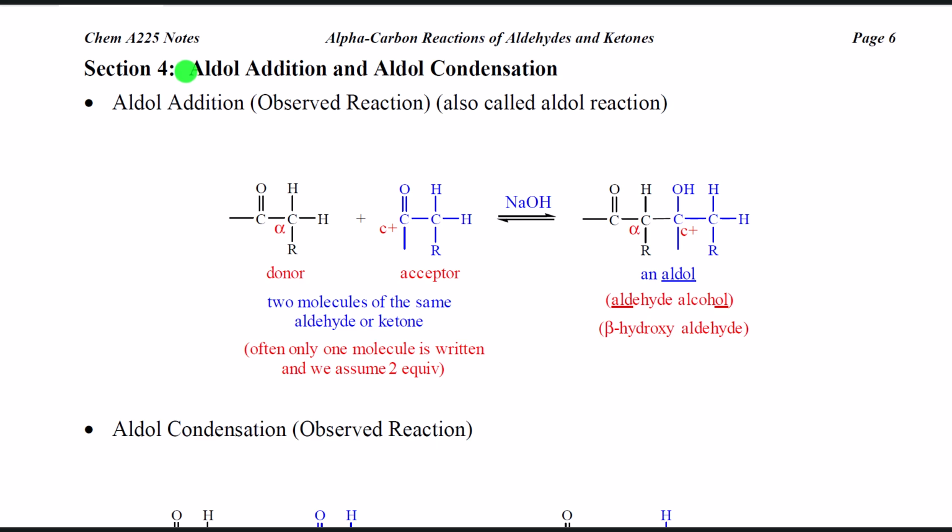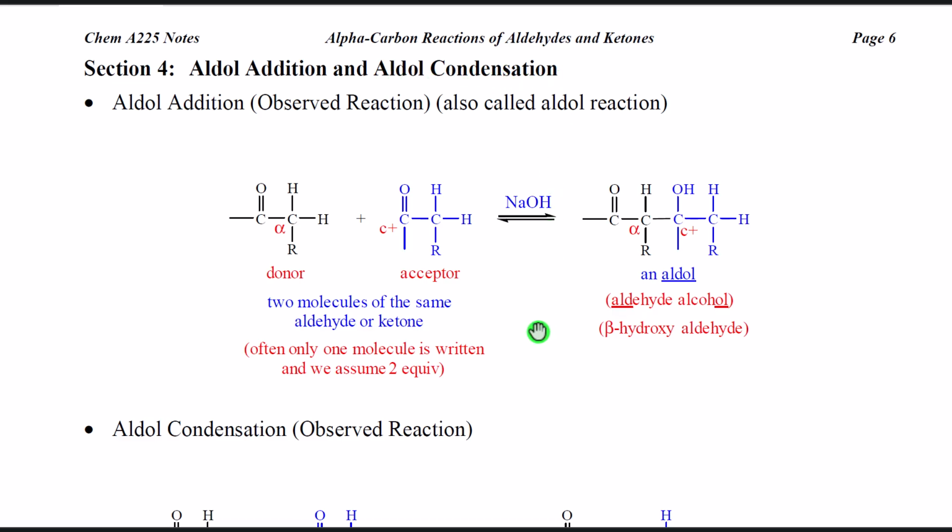We're now going to look at some very important reactions called the aldol reactions. One of the things that can be confusing about the aldol reactions is that there are actually two aldol reactions. There's one that most properly should be called the aldol addition, and then there's one that should be called the aldol condensation.